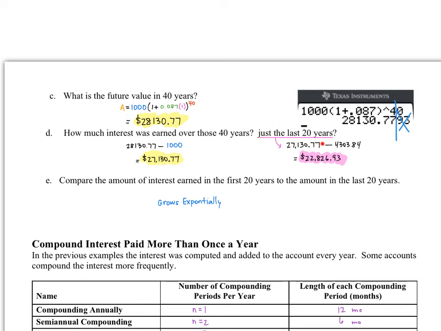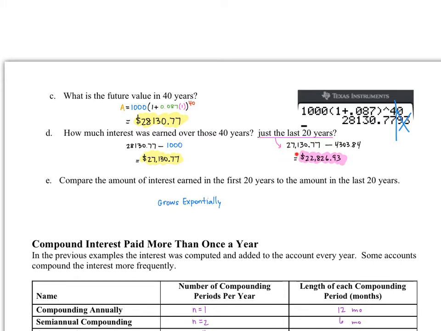Well, remember from example B, the first 20 years, we earned $43.03 and 84 cents in interest. And the entire 40 years, we earned $27,130 and 77 cents.